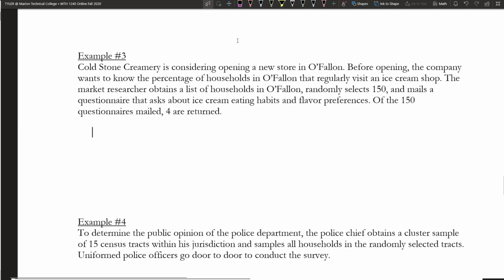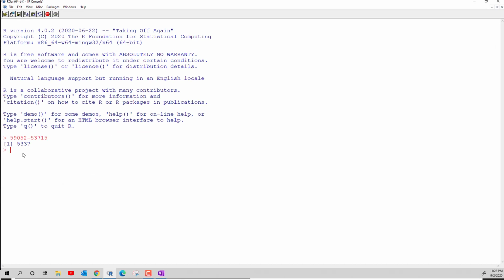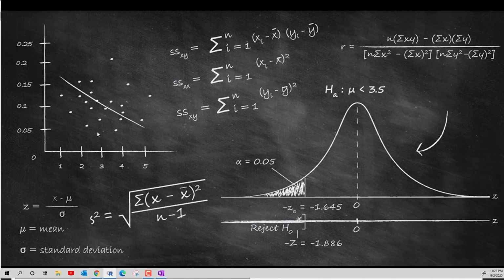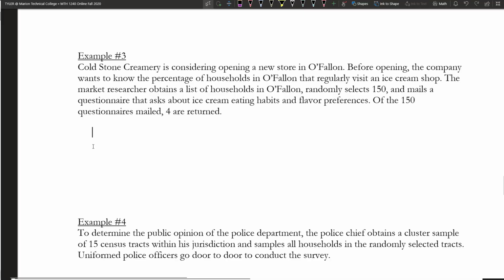Right, so that's not a very good response rate, right? 4 out of 150, that's a really small value, right? Like if I come over here to R, 4 divided by 150 is less than 3%, right? That's a really low number.